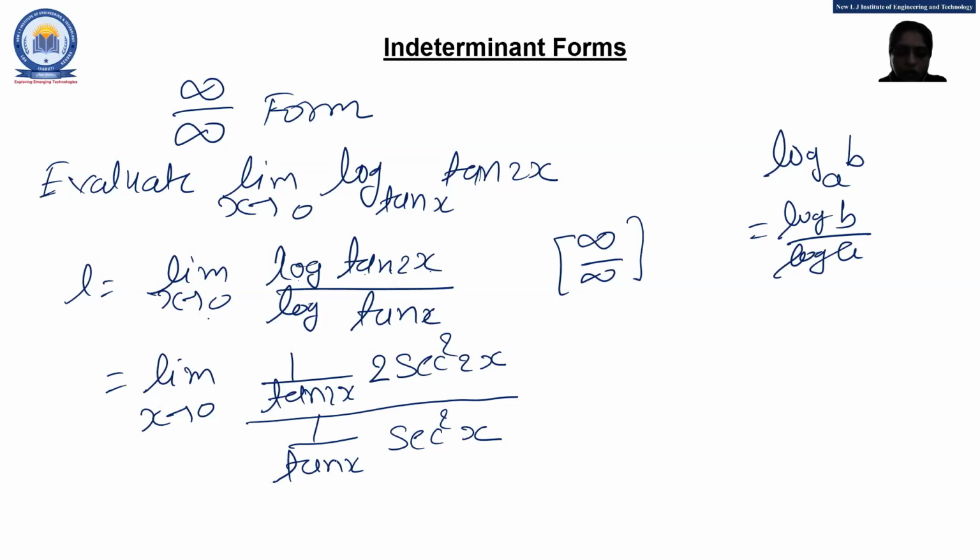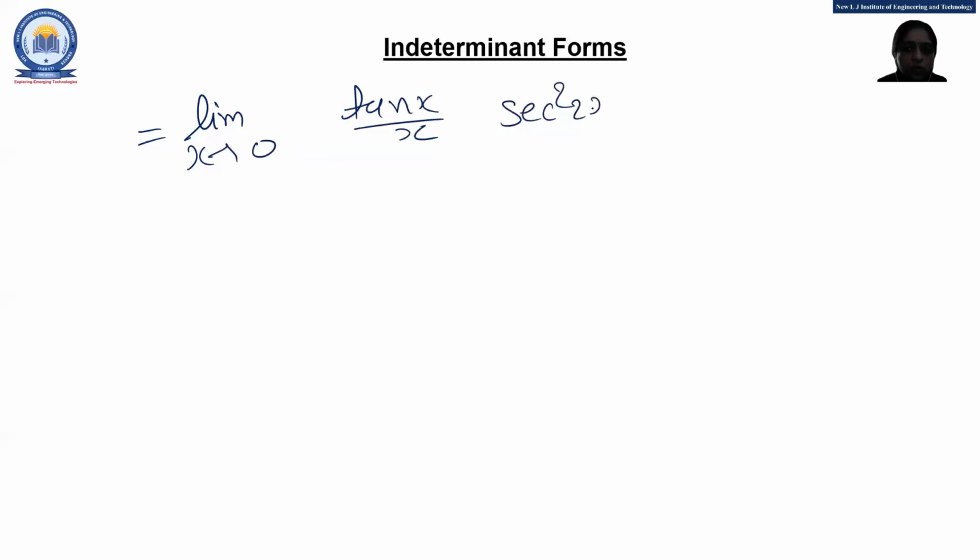Now, for the solution of this question, I am arranging this term in a particular manner. See carefully. Limit x tends to 0, then I am writing here tan x upon x into sec square 2x upon tan 2x upon 2x into sec square x.